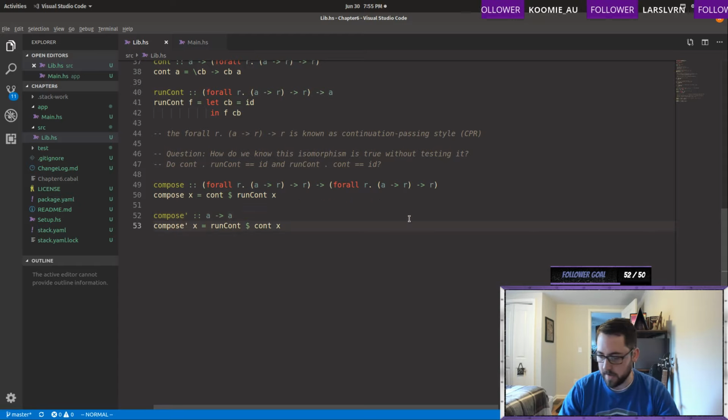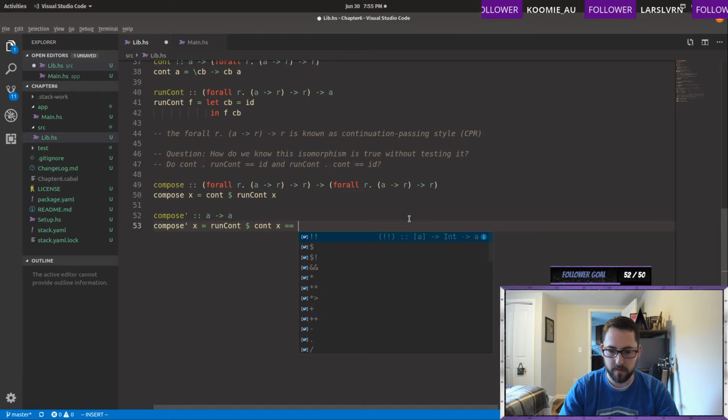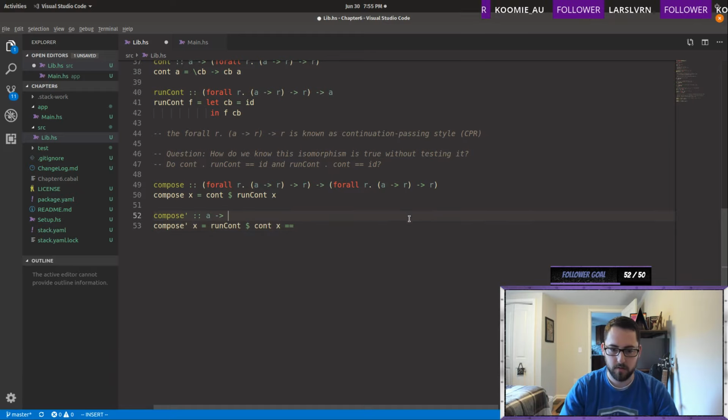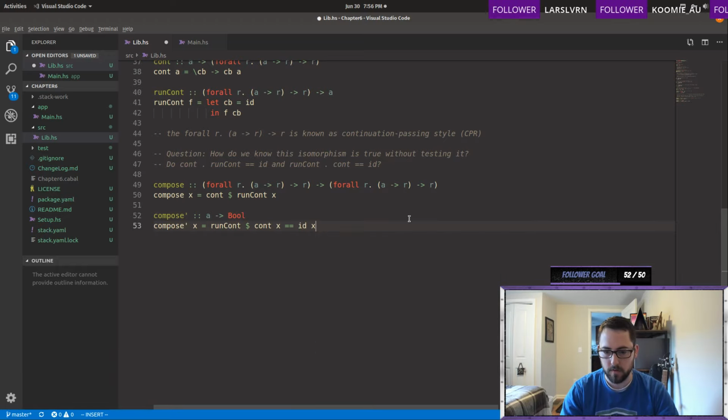So we need to apply, hey, stop it. So now we have an A. So this thing should just be equal to id x, right? And this has to be in parentheses.